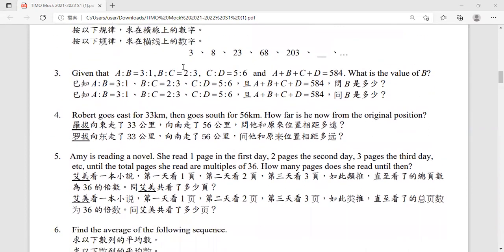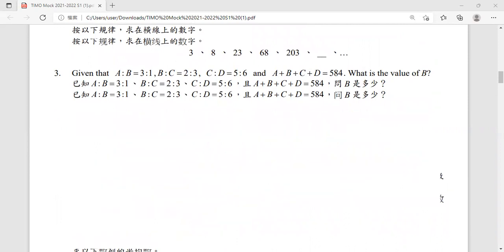Okay. Yeah. Now let's see the next question. Now for this question, very good. Most of them got the answer. You have to find the ratio first.